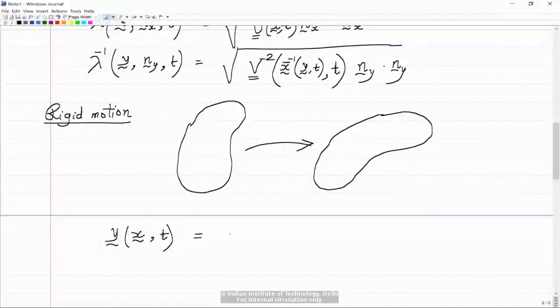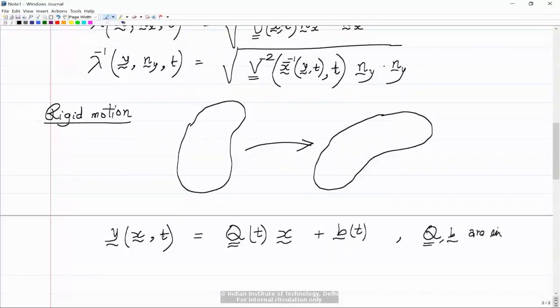So can we say that this is equal to some rotation tensor Q, which will be a function of time, multiplied by the position of the particle in the reference configuration, plus some rigid translation b of t. So what is to be noted here is that Q and b are independent of x.